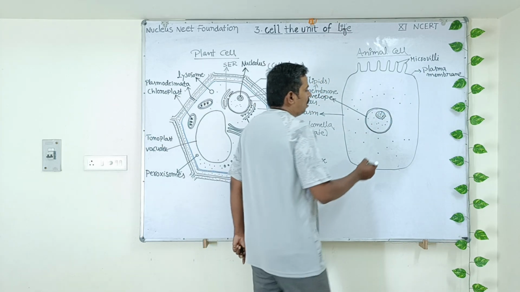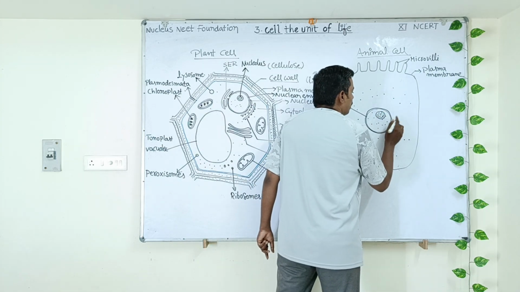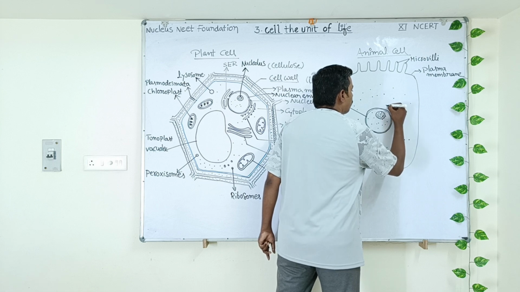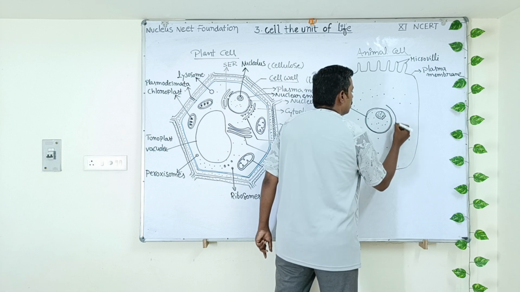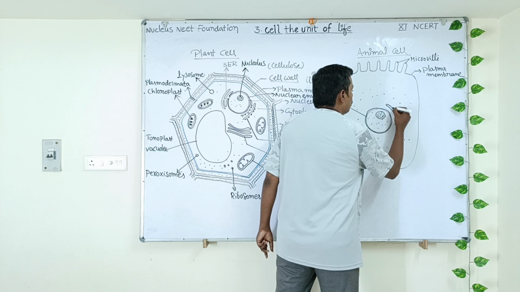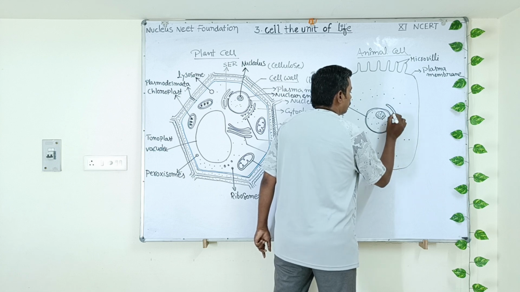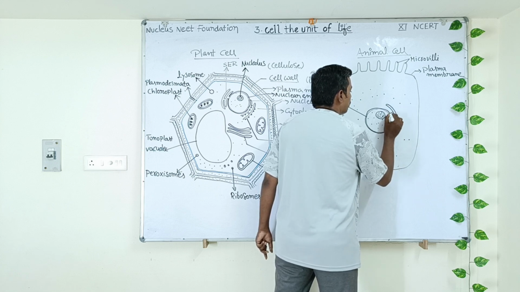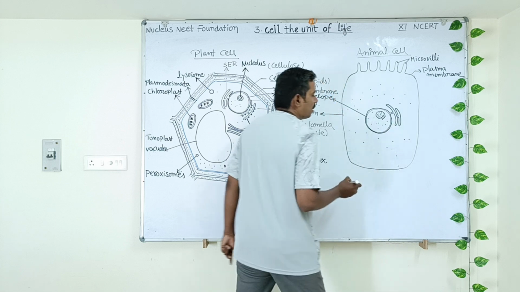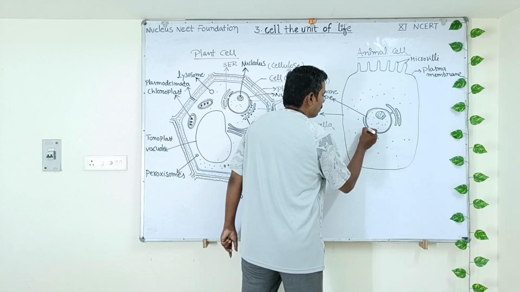As usual, around the nuclear membrane surrounding the nucleus, there is a network of tubules which is called endoplasmic reticulum.